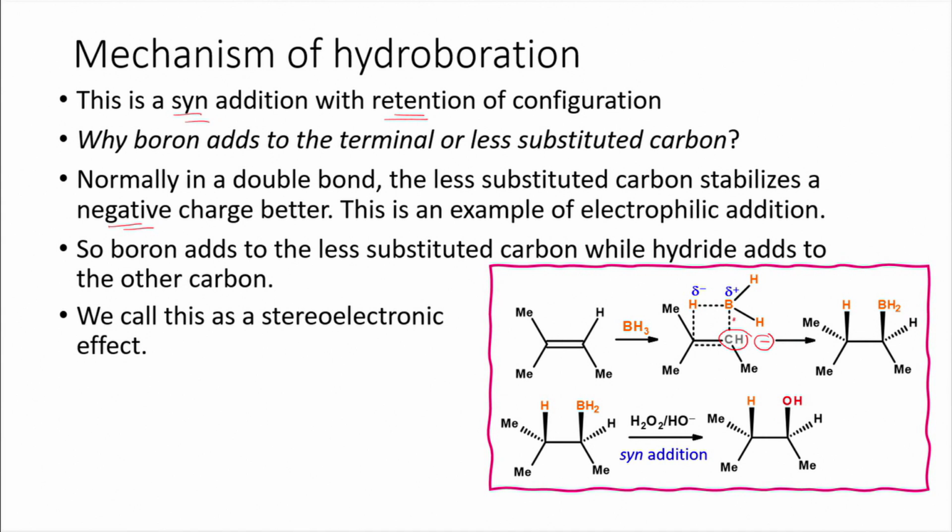So, that is the reason boron adds to the terminal carbon atom, and hydride ion adds to the internal carbon atom. We call this a stereoelectronic effect. This stereoelectronic effect is one of the reasons the reaction is controlled to give this particular syn addition.